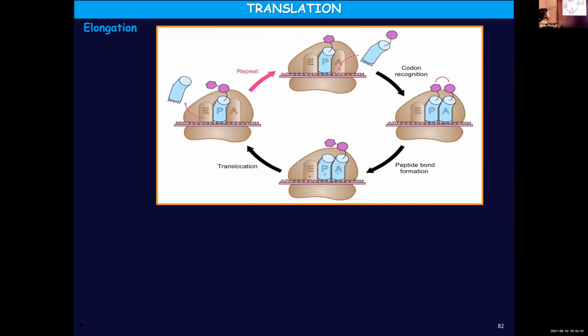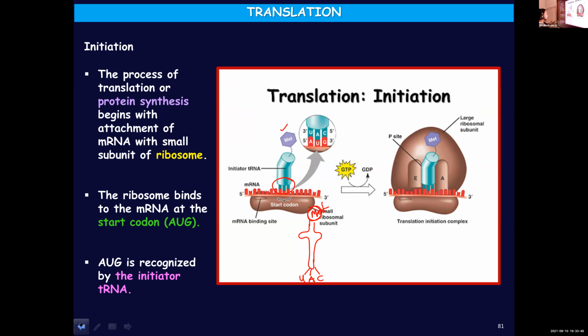Children, in the previous slide, I told you the process begins when messenger RNA gets attached to the small subunit of the ribosome, and the initiator transfer RNA comes. Initiator transfer RNA means the transfer RNA having the anticodon for AUG, carrying the amino acid methionine. They will come and get attached over here.